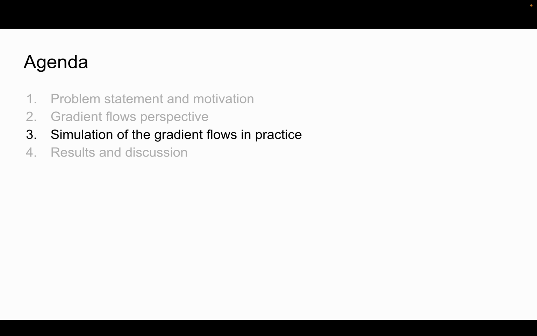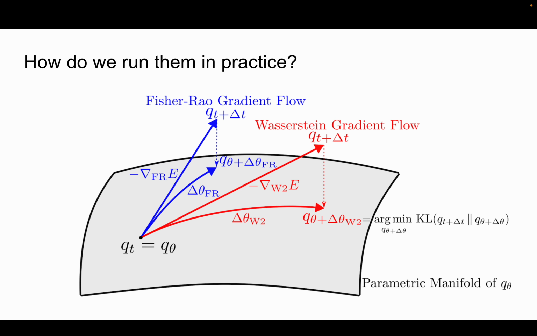So far, so good. But how do we simulate these gradient flows in practice? It's quite straightforward. We consider that our current density Qt lies in some parametric manifold, parameterized with some parameters theta.